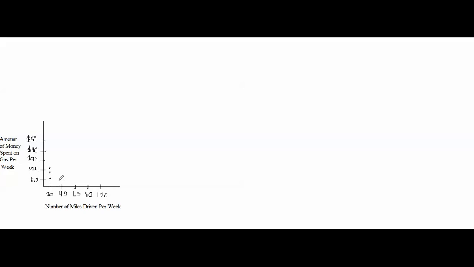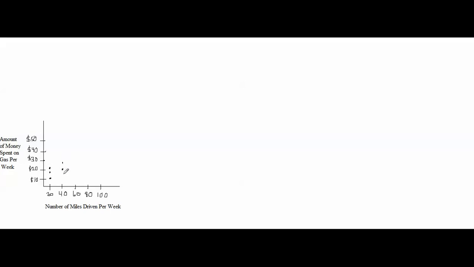What if 3 people tell us that they're driving 40 miles per week? Those 3 people won't necessarily all be spending the same amount of money on gas, because they might be driving different cars that get different miles per gallon. So they're not all going to be at the same place over here, but they're all going to probably fall into a similar range.